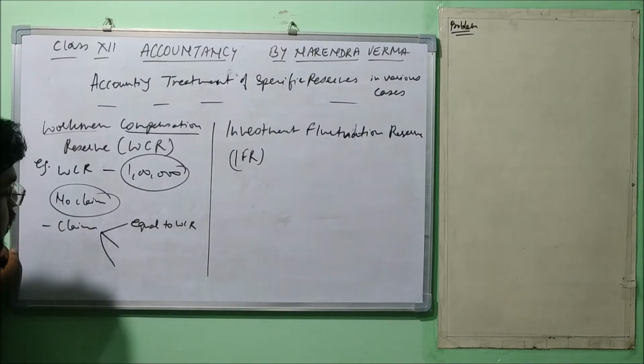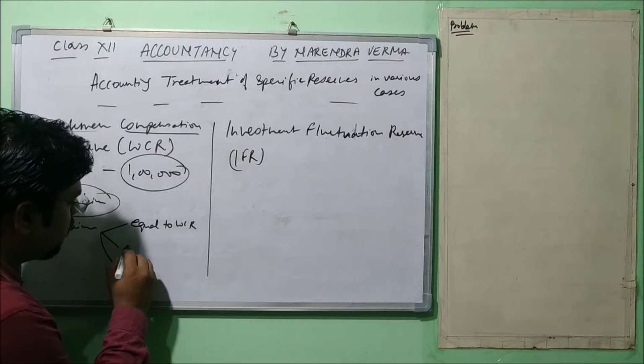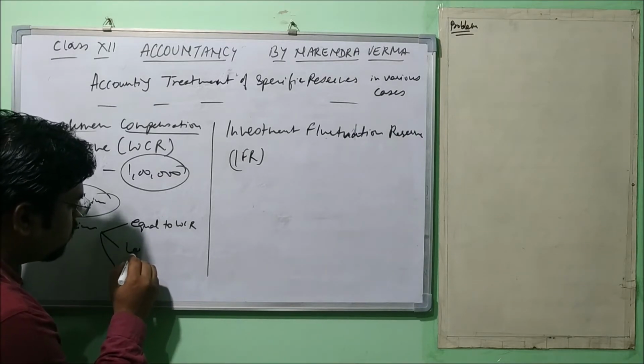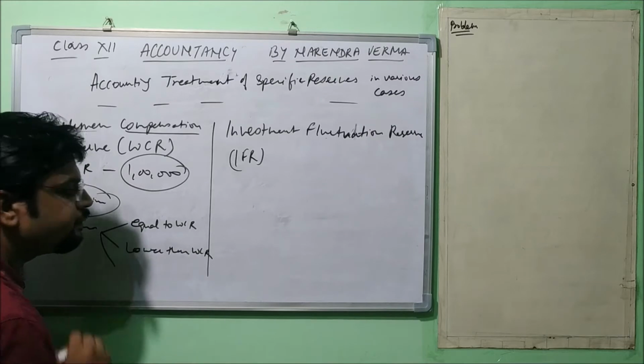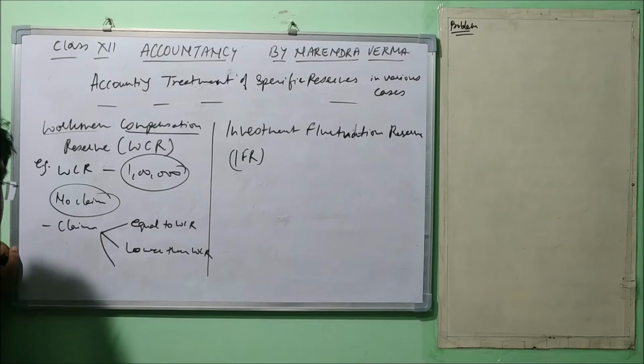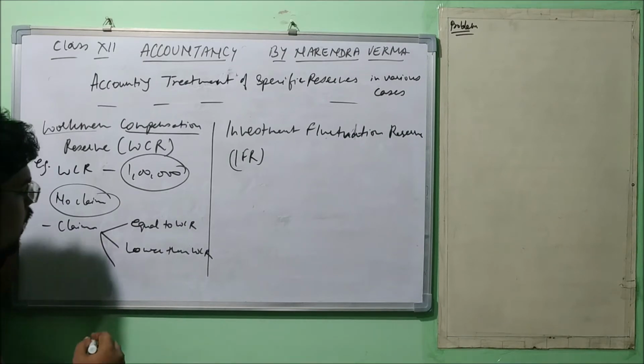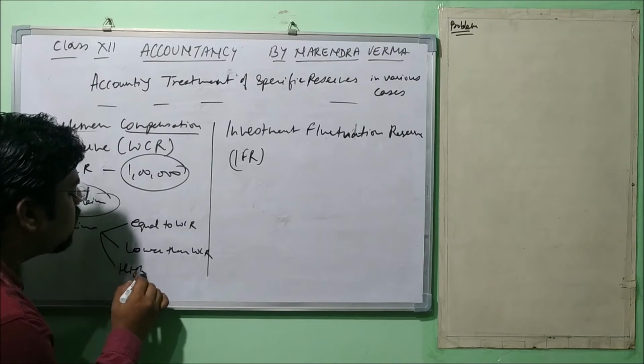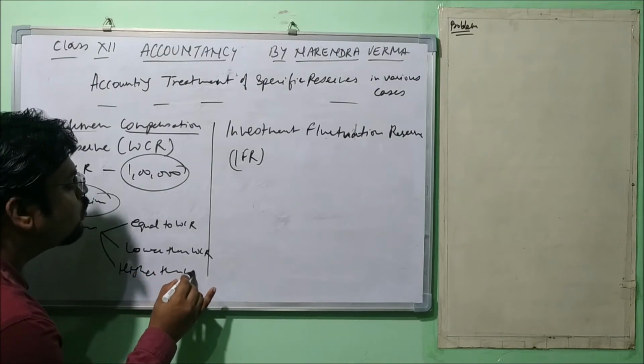But there are high chances of 2 other possibilities. The claim amount is lower than WCR. WCR is 1 lakh. Say for example, at the end of the year when they are going to change the ratio, only a 50,000 claim was there. So the rest of the 50,000 will go to the pocket of the partners and the 50,000 claim will be settled.